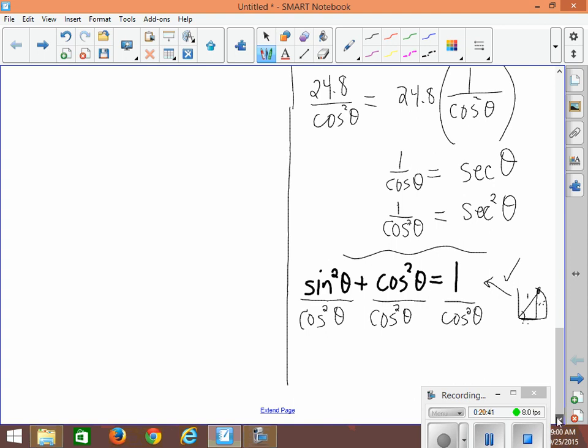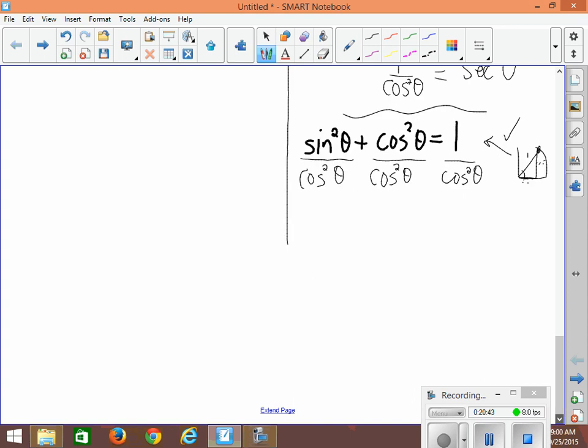And when you do that, you can simplify sine squared theta over cos squared theta. Well, we said that sine theta over cos theta is tan theta, right? We did that before. So sine squared theta over cos squared theta is tan squared theta. Cos squared theta over cos squared theta is 1. And what's 1 over cos squared theta?